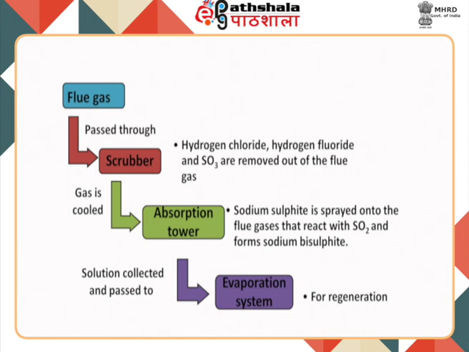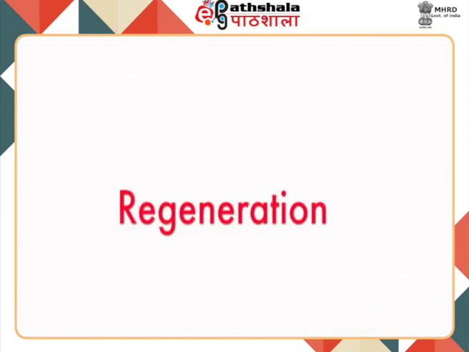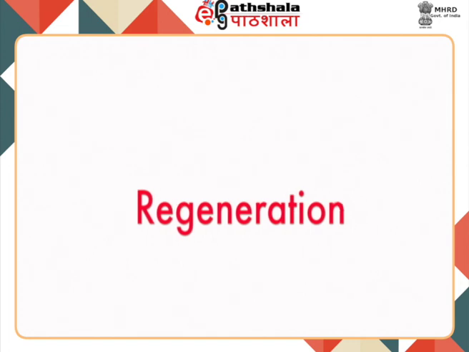The sodium sulfite reacts with the sulfur dioxide and forms sodium bisulfite. The concentrated bisulfite solution is then collected and passed to an evaporation system for regeneration. The next step is regeneration.